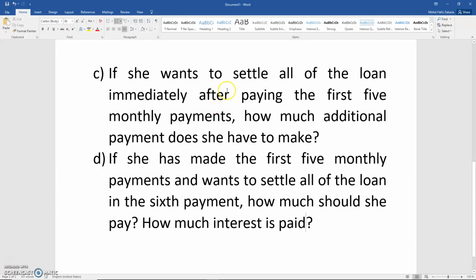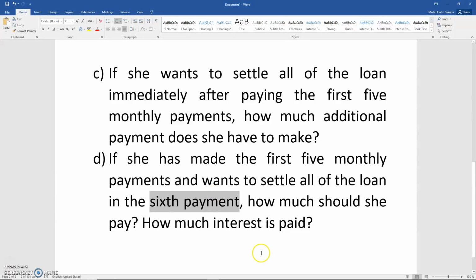For the previous one, the settlement was immediately after the 5th payment, which means the interest at the 6th payment is still not calculated. But for this one, the settlement is at the point of the sixth payment. So to calculate the settlement, the interest for the sixth payment needs to be calculated because it is already within the range of that payment.